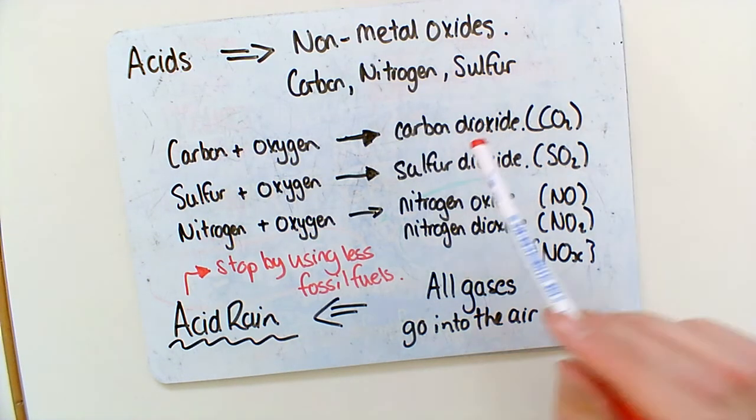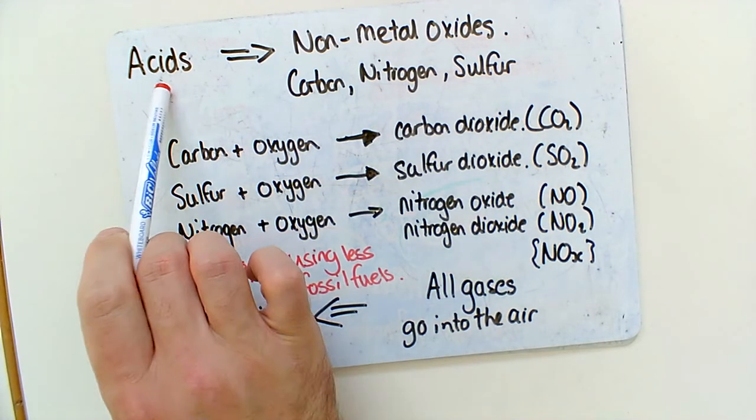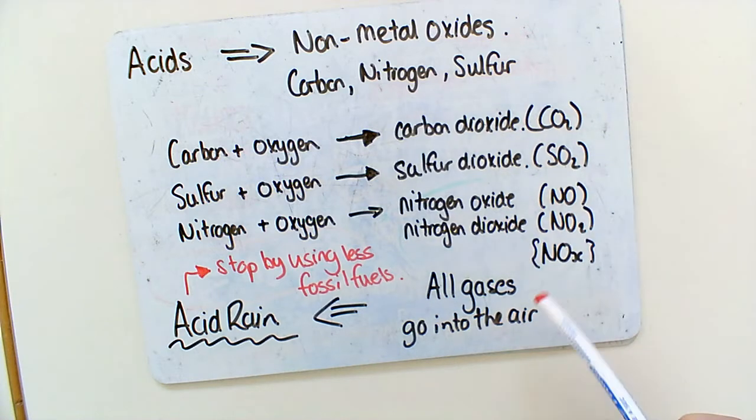Non-metal oxides, like carbon dioxide, sulfur dioxide, nitrogen dioxide, nitrogen oxide, when they dissolve, they give us acids. Most of them are gases and can cause acid rain. And how we can stop acid rain is by using less fossil fuels.